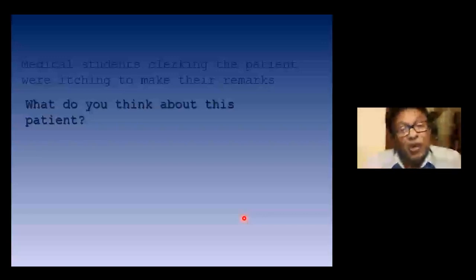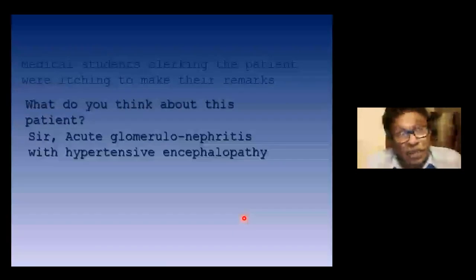So, what do you think about this patient? And then they came with this idea: sir, acute glomerulonephritis with hypertensive encephalopathy. But there was no hypertension as far as we knew. So we asked how, and he said, we checked his BP today and it was 200 by 165.